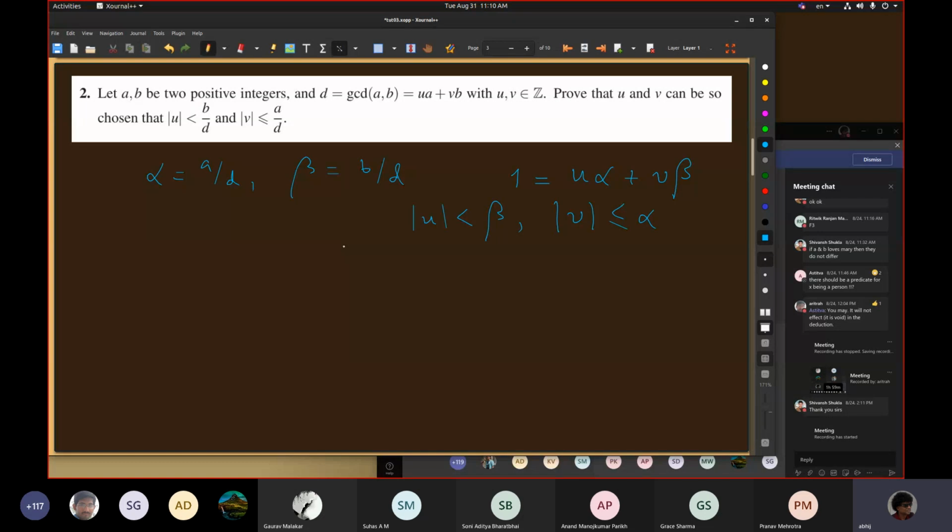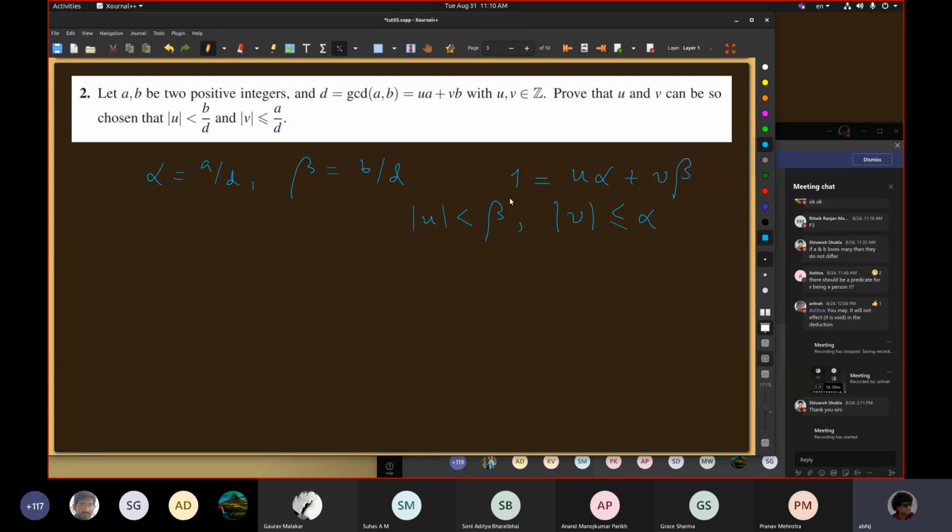No, I do not understand your query, but your solution. Yeah, it's true that if I put all values of U and V, so that U is between minus beta and plus beta, V is between minus alpha and plus alpha, we can perhaps bound this quantity U alpha plus V beta to some negative thing and to some positive thing.